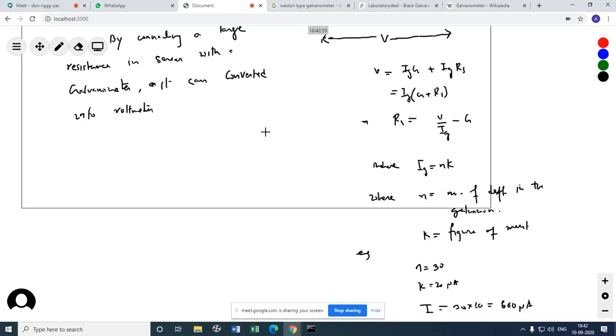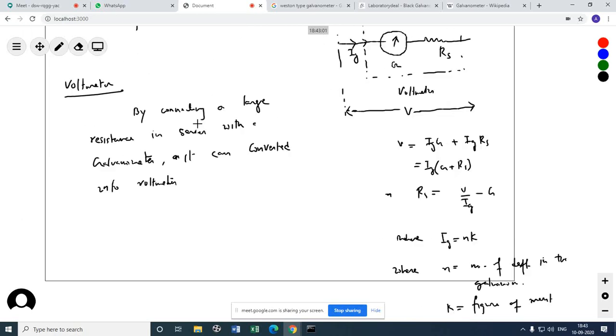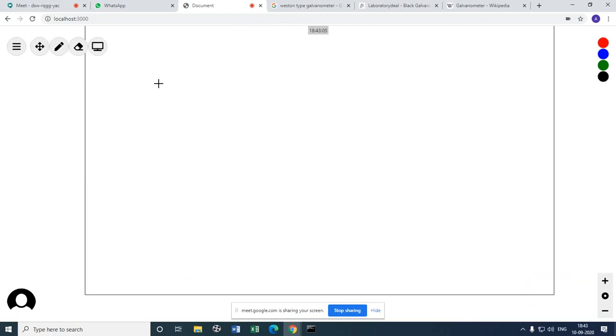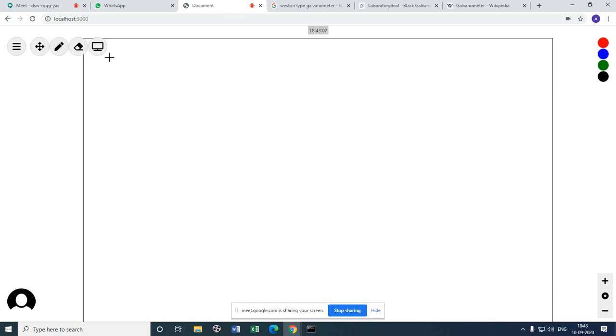Now, how do you convert it into an ammeter? Conversion to ammeter.